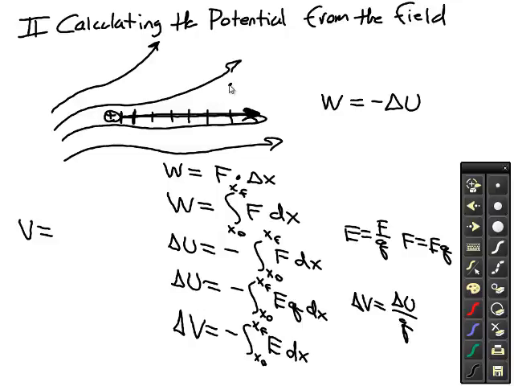In order to get the actual potential instead of the change in the potential, we have to make an assumption about our initial position. So if V equals 0 at x naught, then we can drop this delta and just say V.